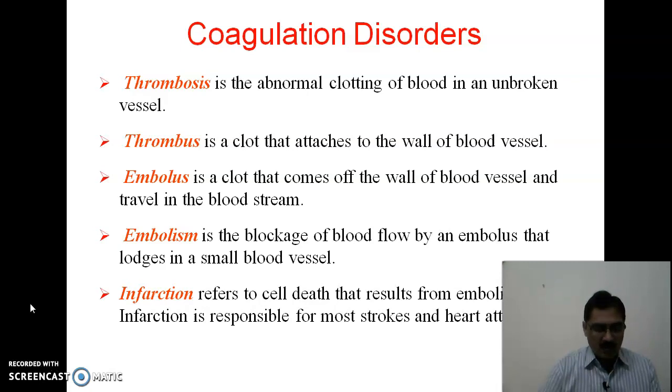Then there is the process of defibrination, and this may be prevented by removal of fibrin by certain chemicals like magnesium sulfate. Hirudin is a very popular anticoagulant which is generally present in leeches, and whenever the leech sucks the blood of its host, it allows continuous flow of the blood, preventing the clotting of the blood.